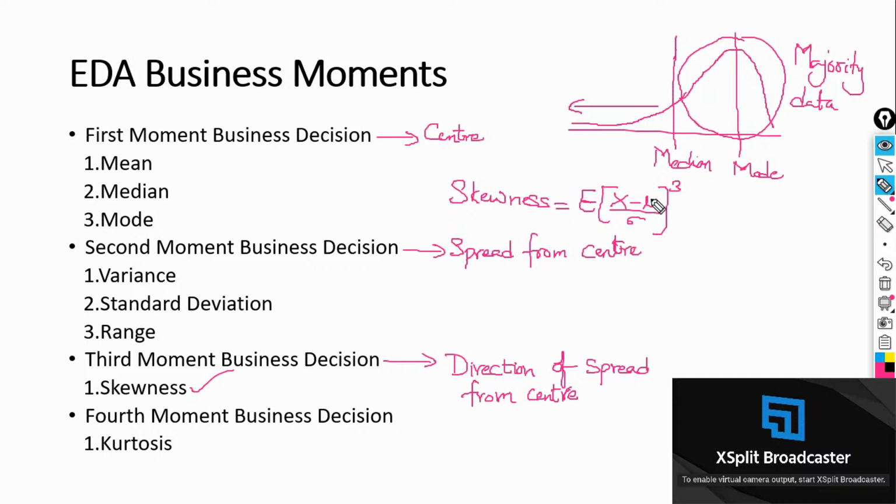What does mu talk about? Mu talks about the mean, the first moment. What does sigma talk about? Standard deviation, the second moment. X minus mu by sigma raised to the power 3. So should I calculate it manually?